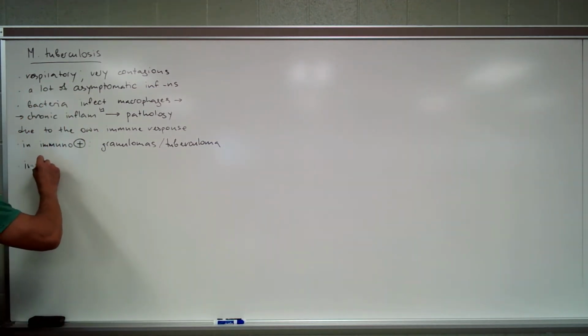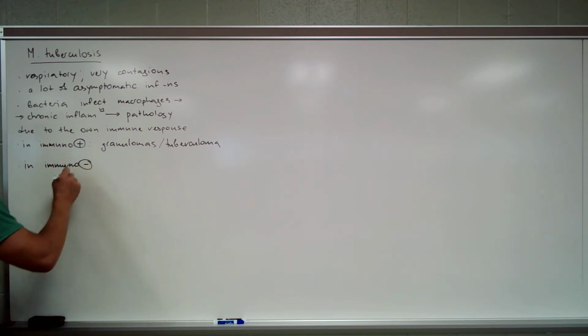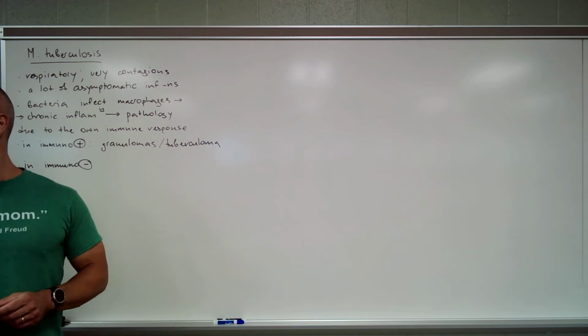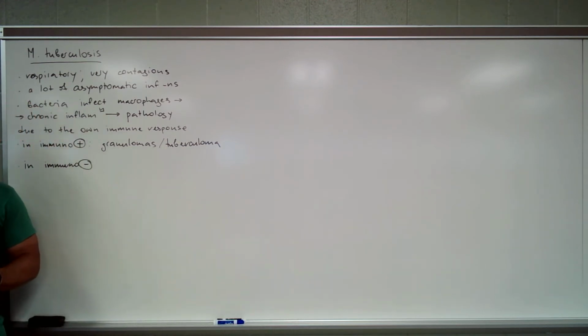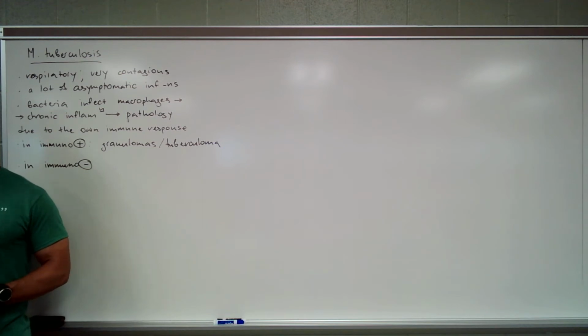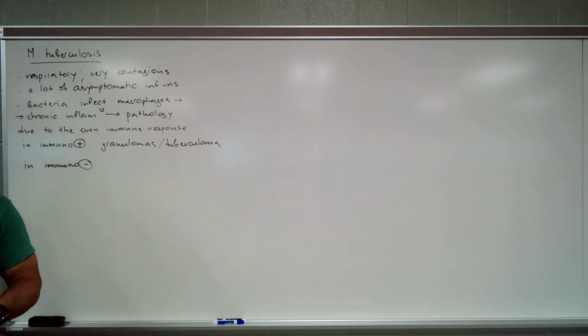In immunocompromised patients, if you look at the history of tuberculosis in people, usually those are people who are nutritionally malnourished, who are immunocompromised for one reason or another, weak, poor, all that kind of stuff.